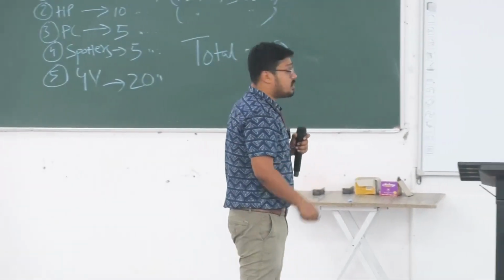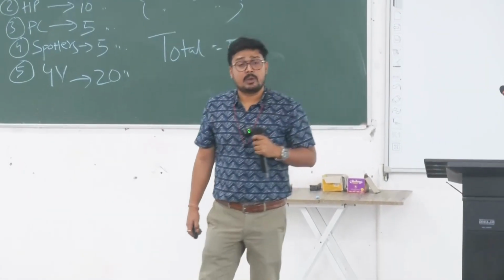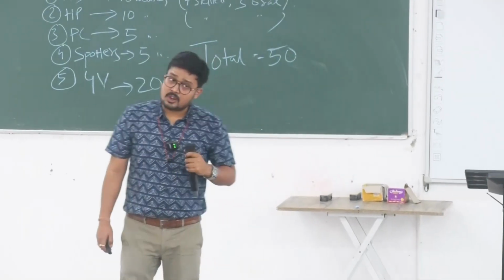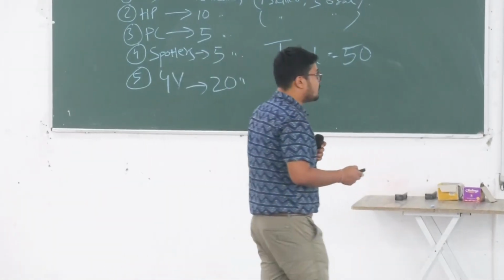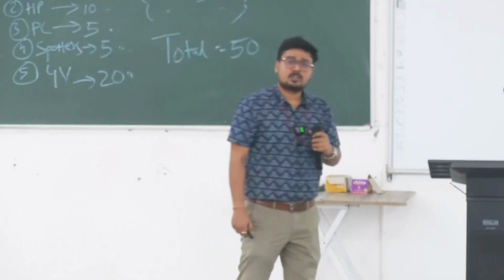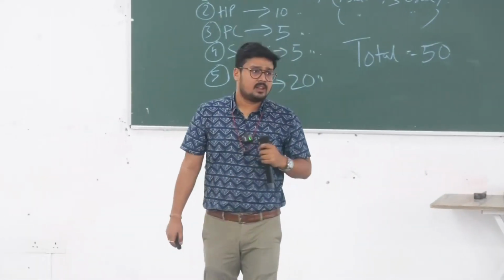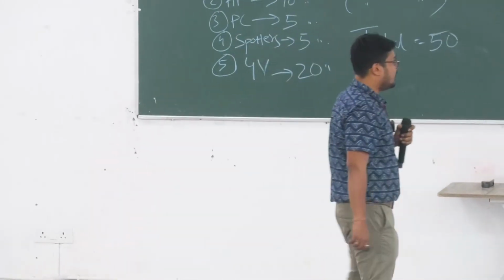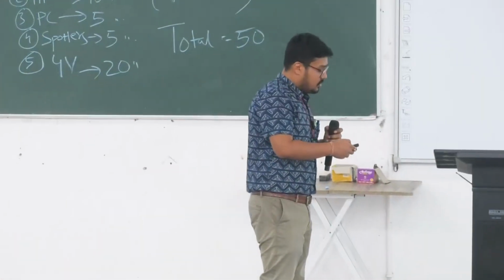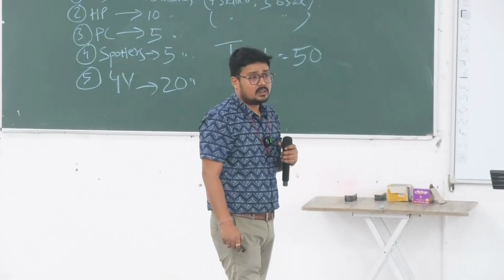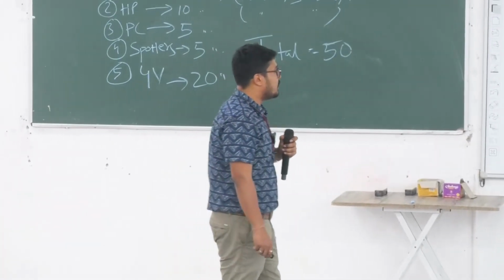Now, nitric oxide, I told you, the most potent vasodilator, an ultra short acting vasodilator. The source of nitric oxide is the endothelial cell. This is also an important mediator of acute inflammation.